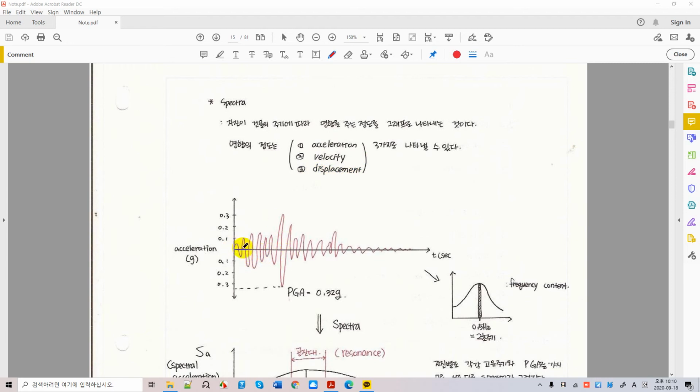This is an accelerogram, which is a plot of acceleration as a function of time. Okay, this is what we know as seismic motions or ground motions, right? You measure this acceleration when seismic activity occurs, and this is very important.